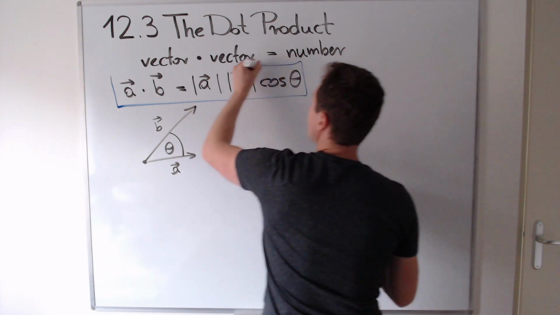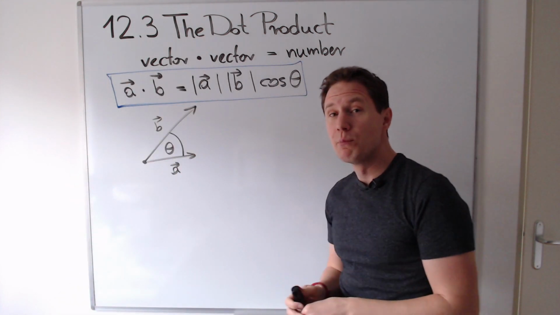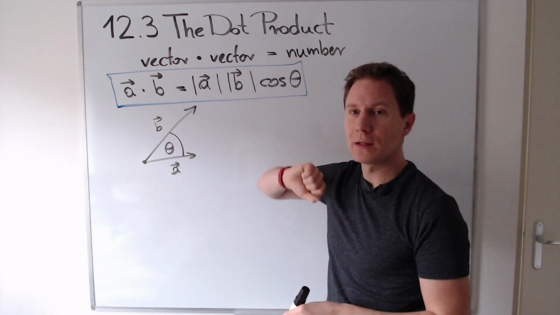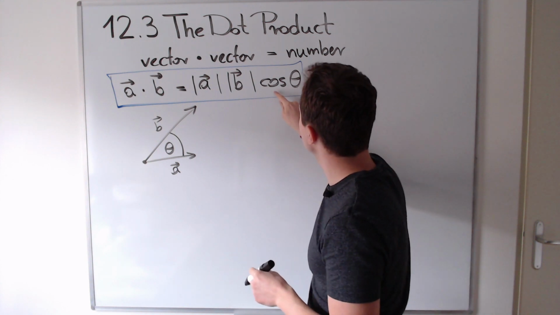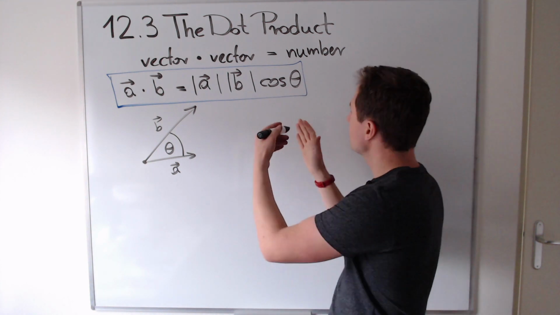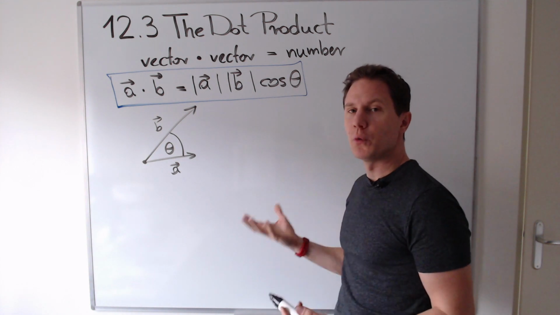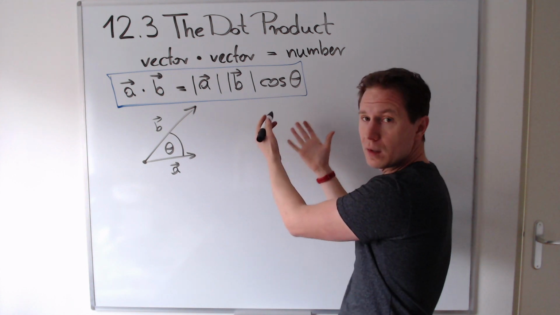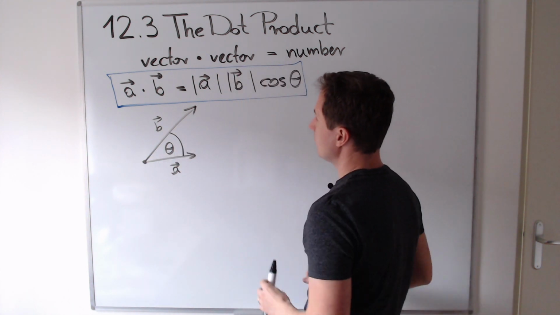Okay, so this is a very handy tool, the dot product, which basically measures how much the two vectors point in the same direction, and it's because of this cosine factor. The cosine of 0 is, as you know, 1, and that's when they point in the same direction.